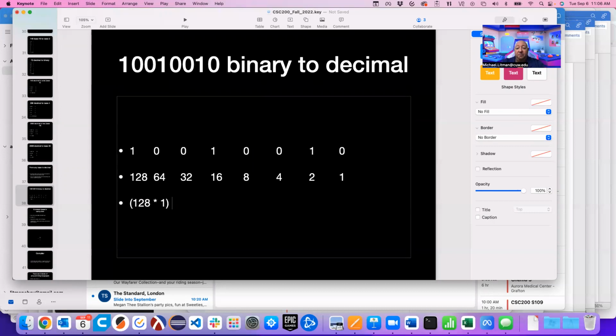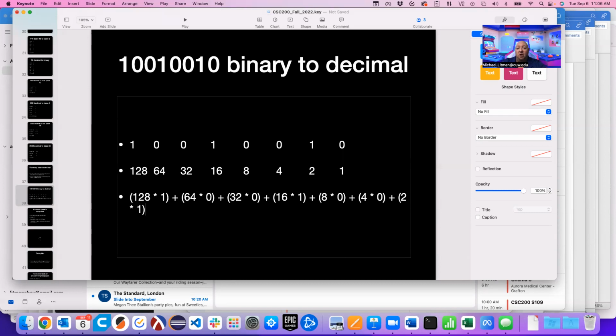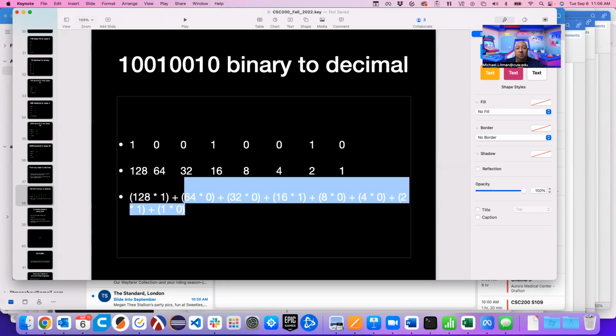128 times 1 plus 64 times 0 plus 32 times 0 plus 16 times 1 plus 8 times 0 plus 4 times 0 plus 2 times 1 plus 1 times 0.